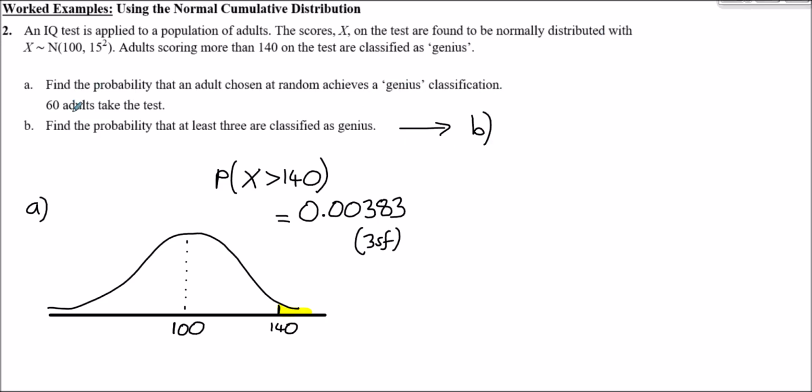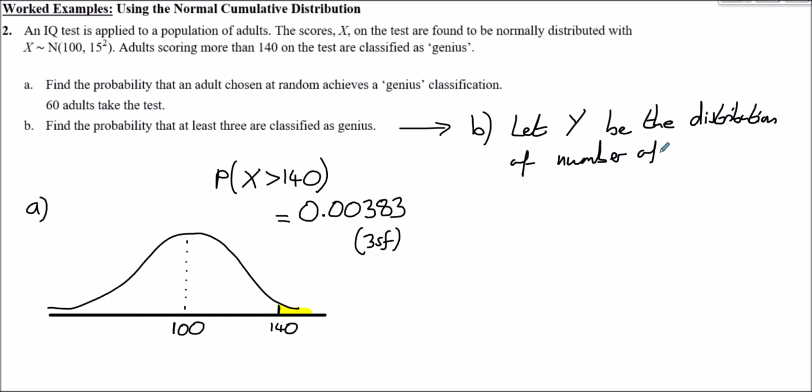So there's 60 adults taking the test. X is the distribution of IQs. So I'm going to say let big Y be the distribution of the number of geniuses observed out of 60 adults.